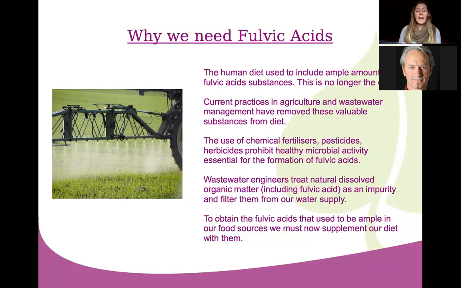They're treated as an impurity, because part of the wastewater management and treatment process of our water system is to use chlorine compounds as an antibacterial. And chlorine compounds, reacting with natural organic matter, create organochlorines, which are very toxic compounds.